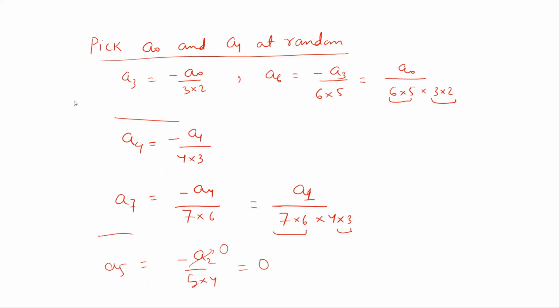Also a_8 would be minus a_5 upon 8 into 7, and since a_5 is also 0, a_8 is 0. So finally a_8 is equal to 0, also a_11 is 0, also a_14, and so on.